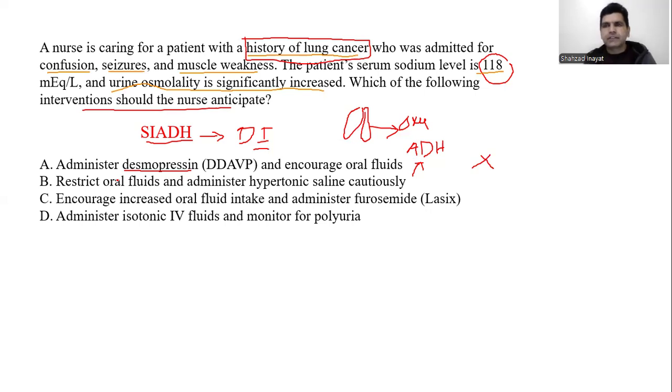Due to that, there will be dilutional hyponatremia. So this sodium value of 118 is because there is an excess amount of fluid in the body. That's why, relative to the higher amount of water, the sodium levels are low.